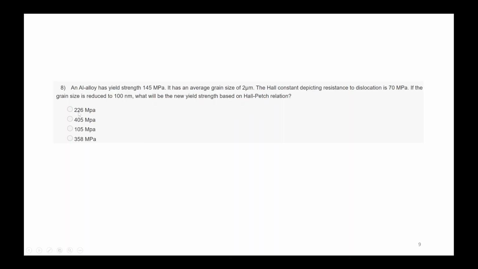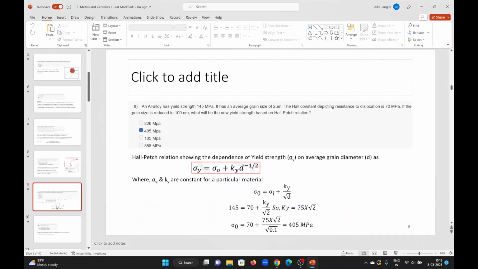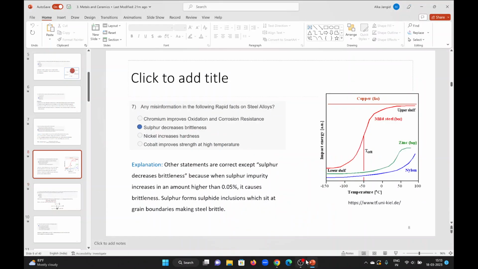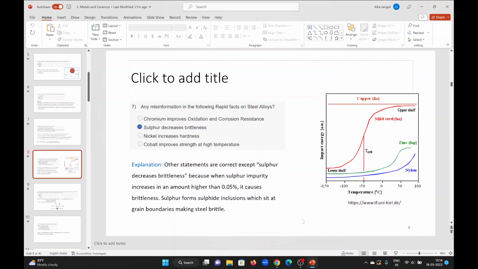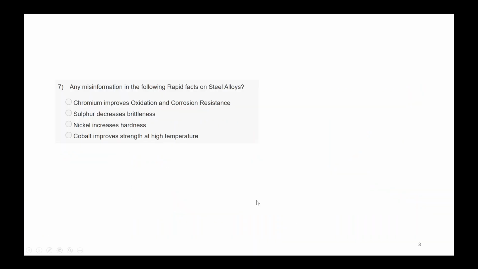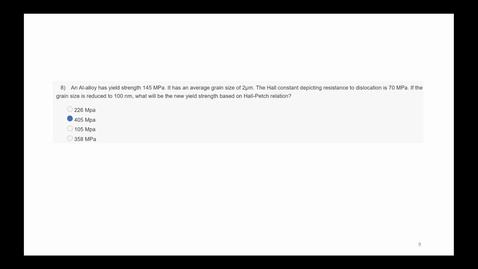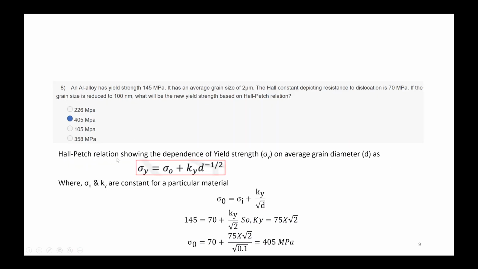Your options are 226 MPa, 405 MPa, 105 MPa, and 358 MPa. Answer will be 405 MPa, and we can solve it by using this Hall-Petch relationship.